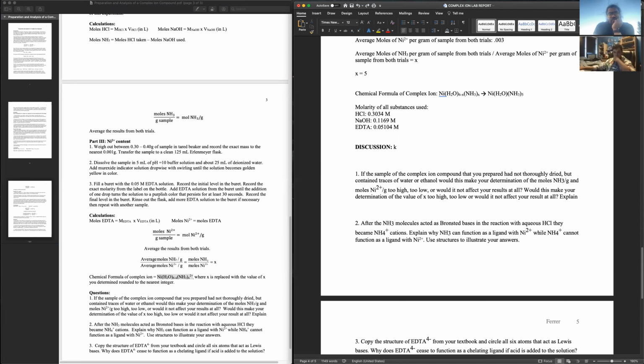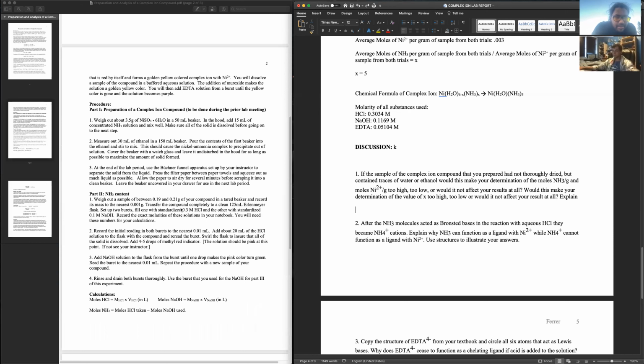So okay, let me ask you this. Is this how the experiment was? They gave you some type of solid sample, right? It was a solid. Well, we didn't do it in class, so we wouldn't know. So go to the document on the left, go up to part 1.